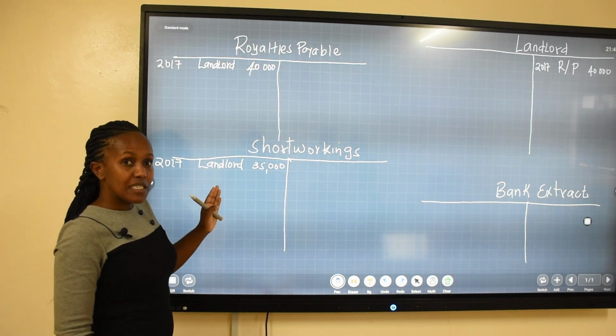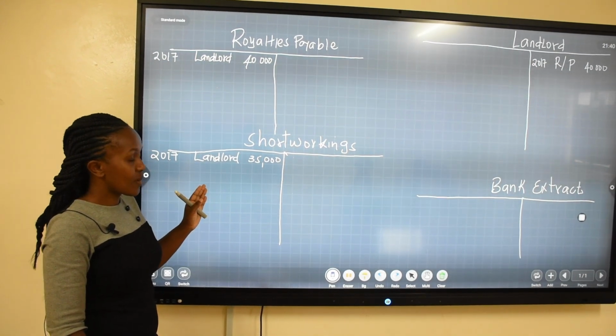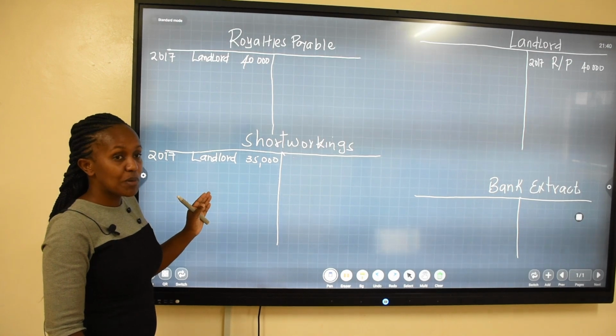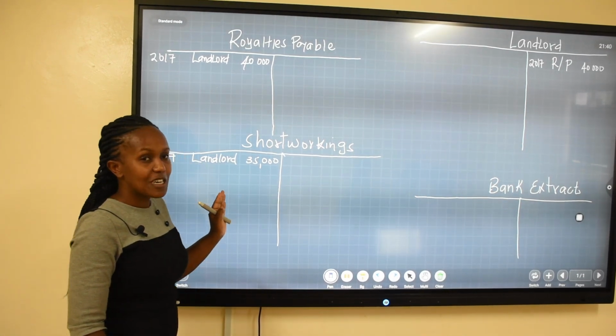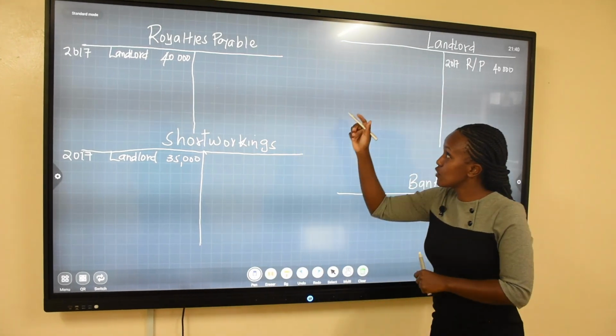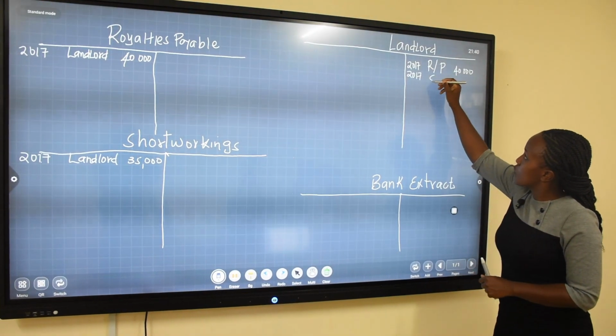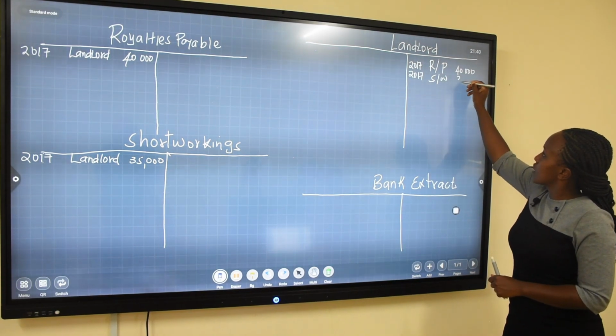The reason we are debiting again is because the short working represents an expense to the tenant who is preparing his books. So to finish the double entry again, we are going to credit to this account. In 2017, we are going to say from short working, we have 35,000.